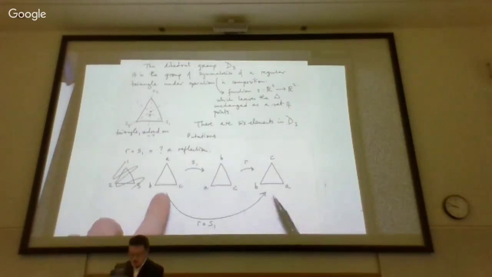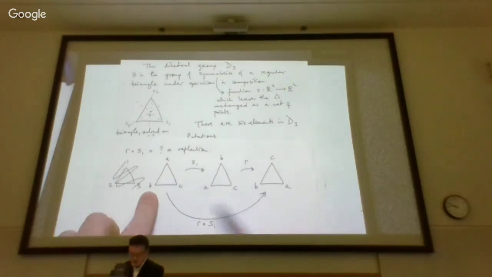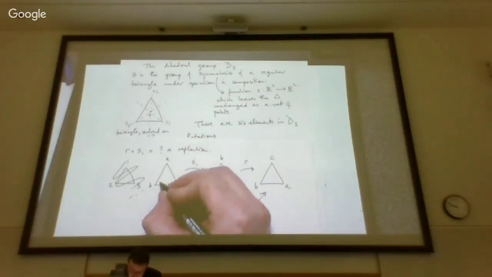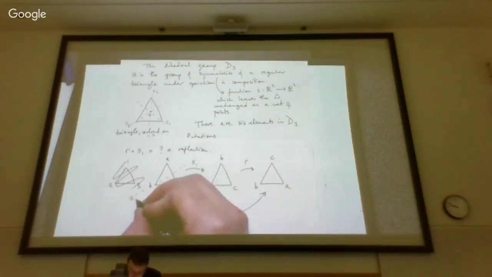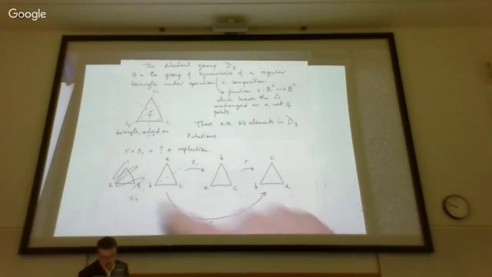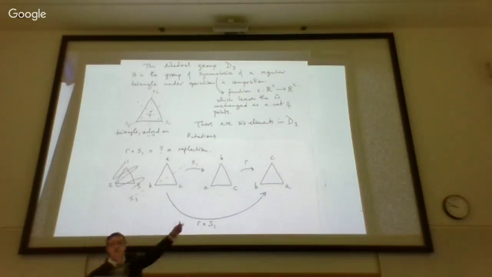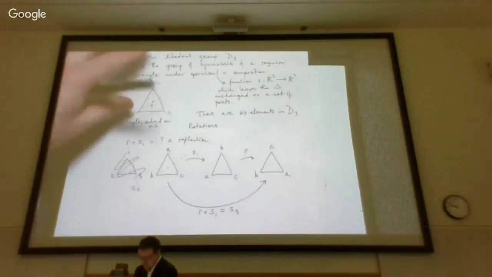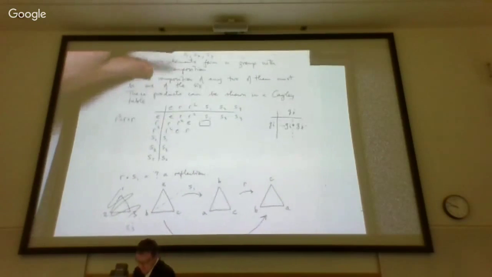And you compare the 2 triangles, you see that overall B has remained where it is, and A and C have swapped. So this axis here, which is the axis of S3, is the symmetry that we've performed. So R after S1 is equal to S3. Very good. So that's what goes in this box here.